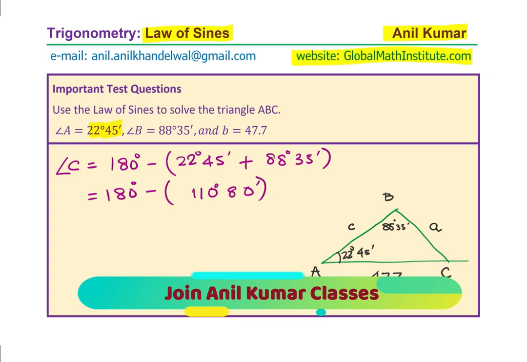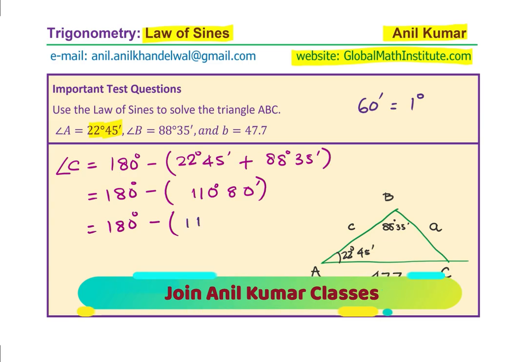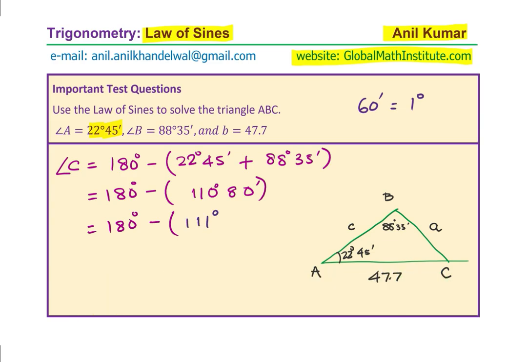Now 110 degrees 80 minutes, since we know that 60 minutes is equal to 1 degree, 80 minutes could be written as 60 plus 20, and therefore we can write this as 111 degrees and 20 minutes, correct?